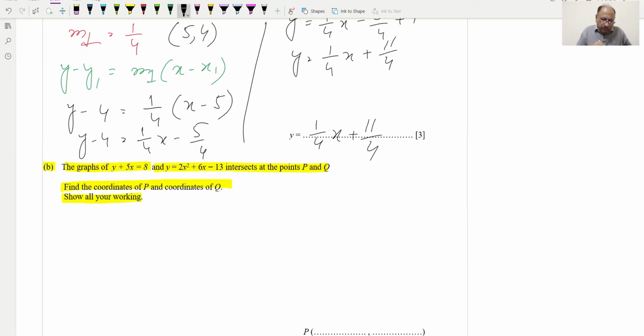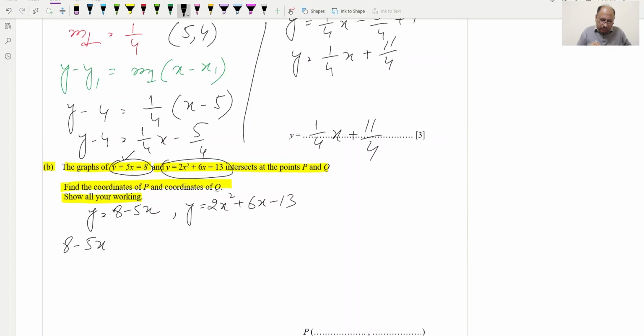So we can rewrite y is equal to 8 minus 5x from this first equation we have written, and y is equal to the second equation, I'm just copying without any change.